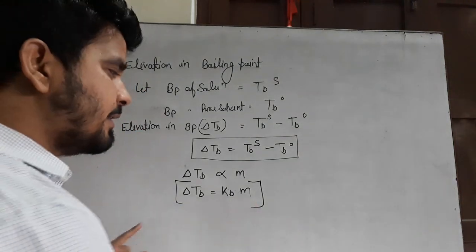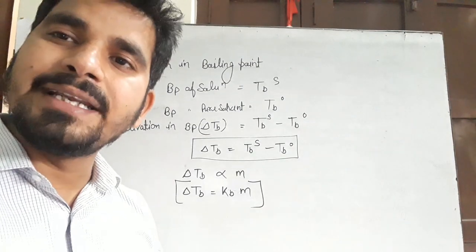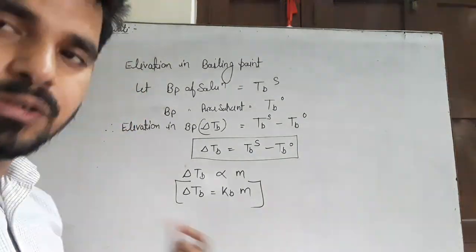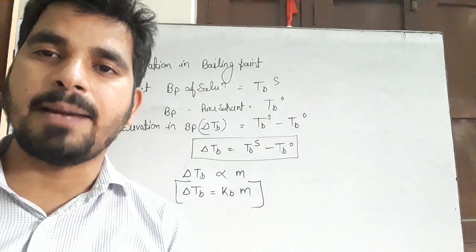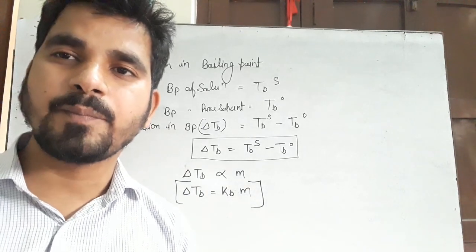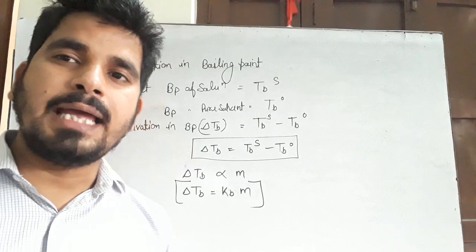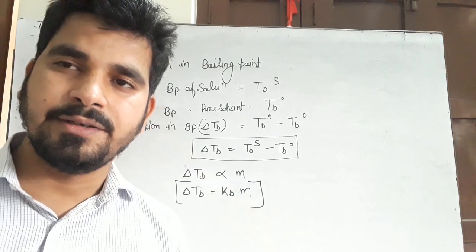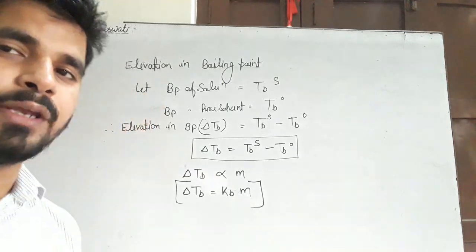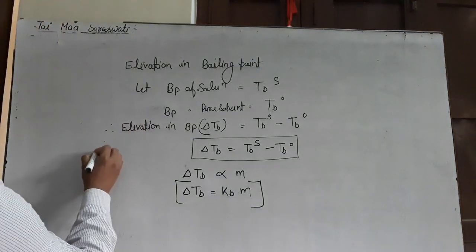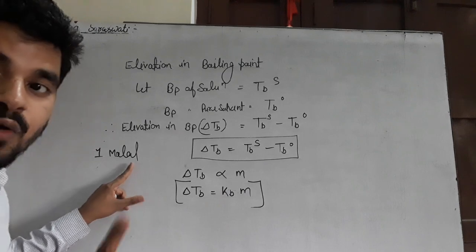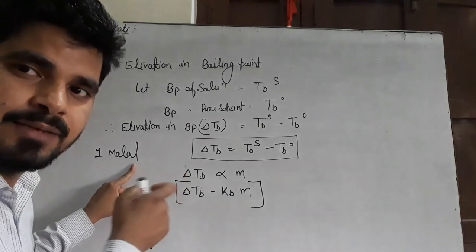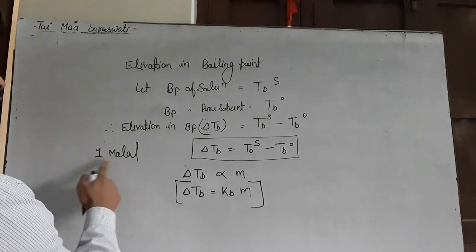Now what is Kb? Kb is a proportionality constant, and after that, everyone, write down: the elevation in boiling point for a 1 molal solution, molar here meaning molality, is known as Kb.